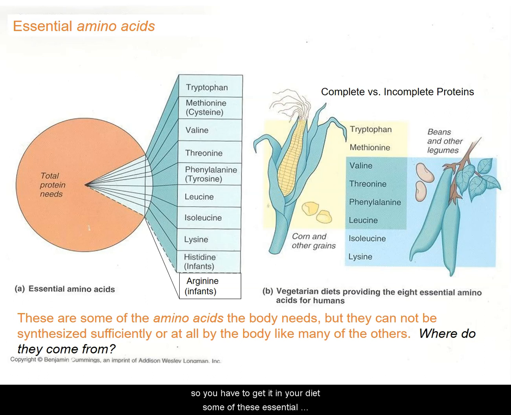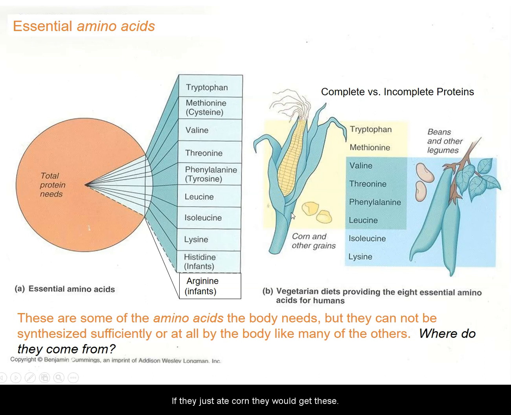Some of these essential amino acids are just needed by children, and then some for children and adults. And a person that is trying to follow a vegan or vegetarian diet needs to know how to combine foods so that they can get complete proteins versus incomplete proteins.